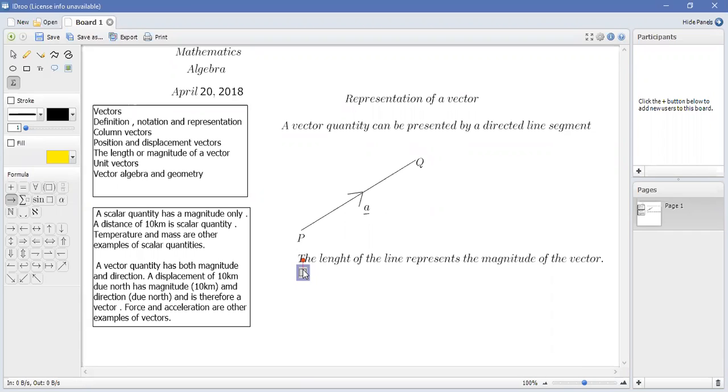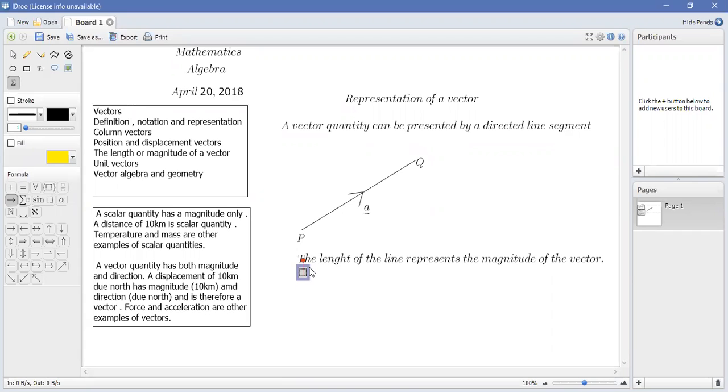All right, let's continue. You guys haven't answered my question. Can you, by just looking at the line, determine the magnitude of the vector? Yes or no? No, sir.